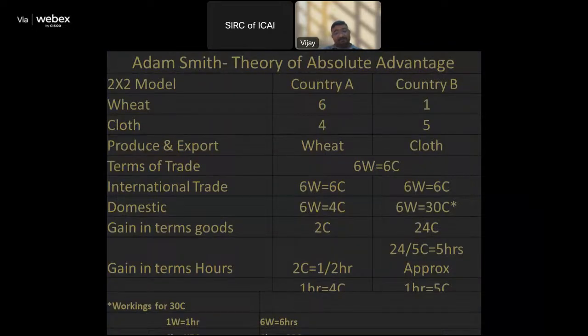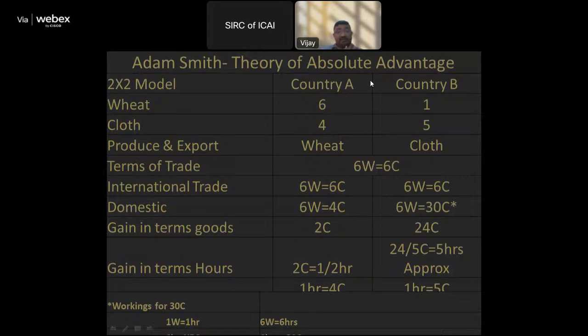If those 6 hours are spent for producing cloth, then I would have produced 30 cloth yards.